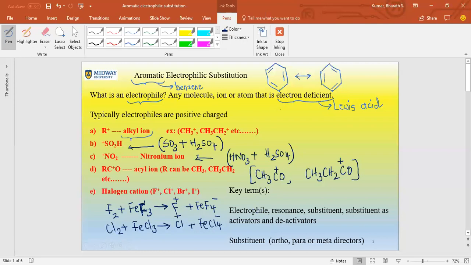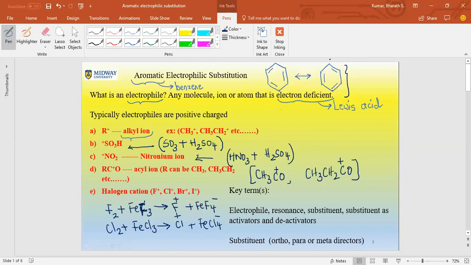Effect of a substituent. What we are going to do is two things. By adding an electrophile to a plain benzene ring, we're going to call that a substituent. You take a benzene ring which has nothing on it, like it's shown here, and add an electrophile, which makes it a substituent.